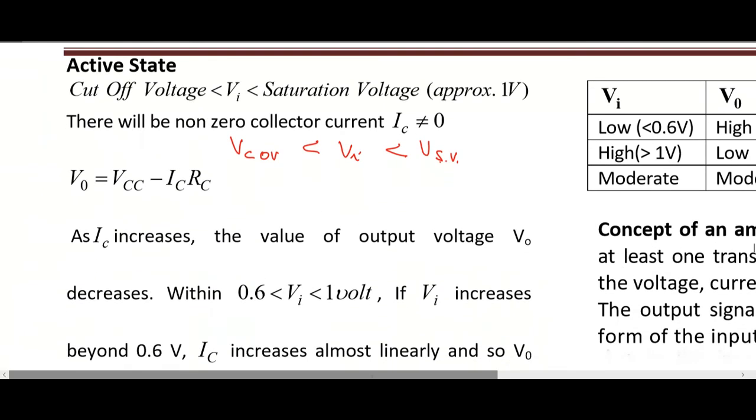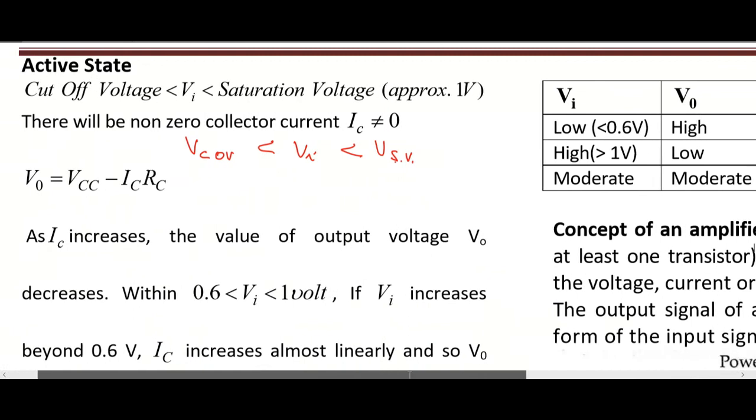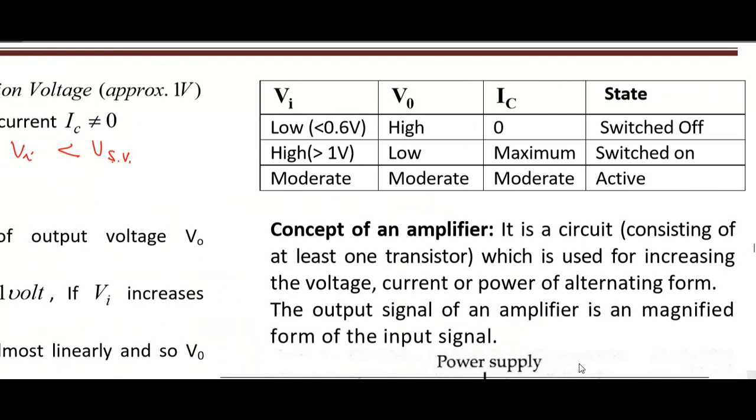Now we have drawn a table which sums up the things. VI low, less than 0.6 volt, VO is very high, IC is 0, state is switched off. VI high, greater than 1 volt, VO is low, IC is maximum, and this is switched on state.